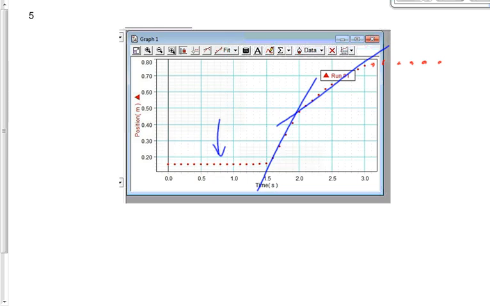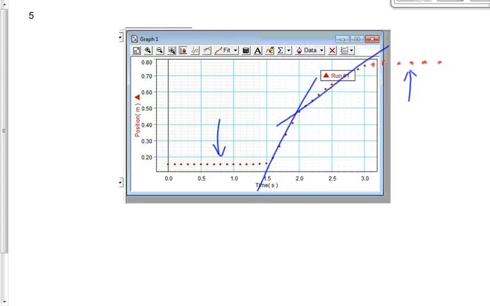In other words, the velocity was 0. We don't care about that. We don't care about the data that we collected before we actually pushed the cart. This would correspond to after the cart was either slowing down or maybe it even stopped because of friction. We don't care about that data either. That's irrelevant as well. We want to get rid of that.